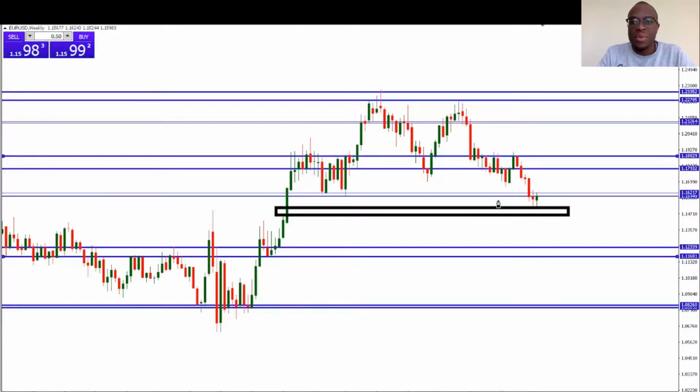On the weekly time frame, we can notice that we now have this remaining inefficiency, right, as the price continues to push to the downside. So what we'll be expecting in the coming week is that since the price has formed a bullish engulf here, we'll be expecting a retracement.